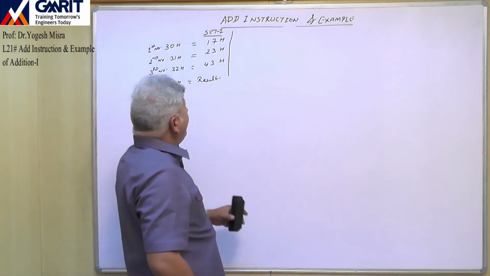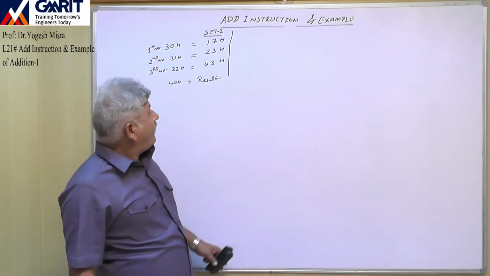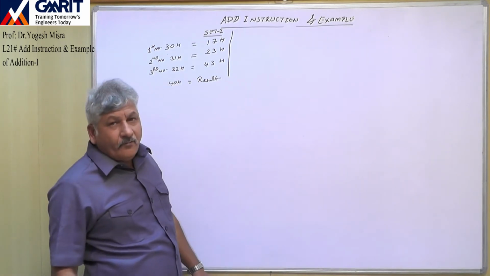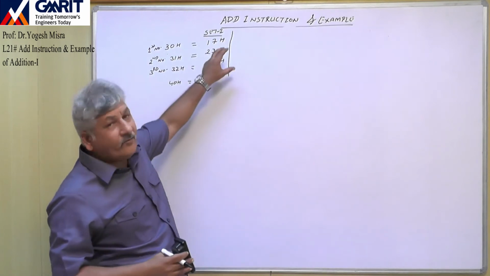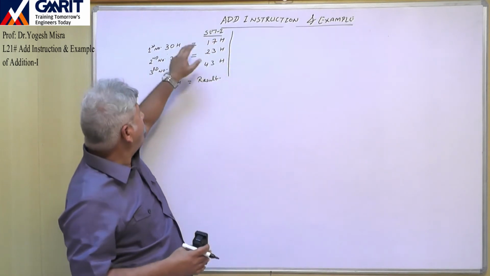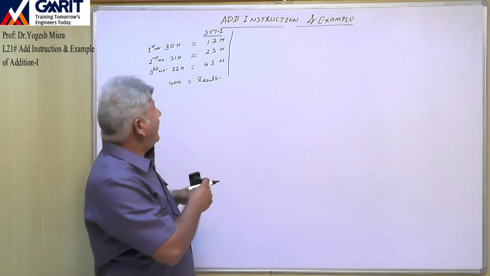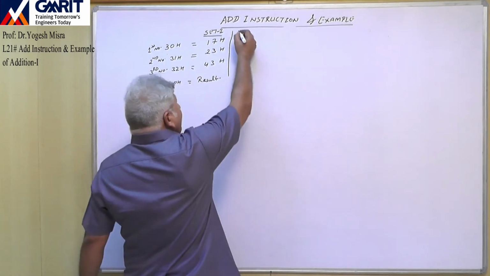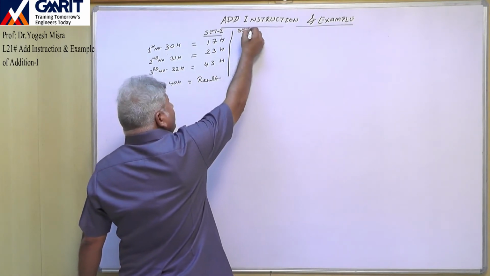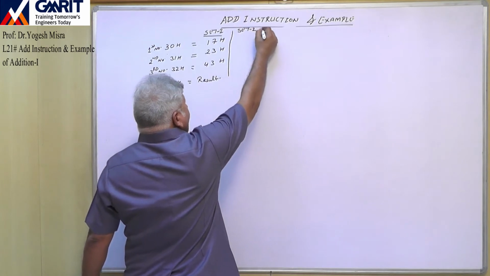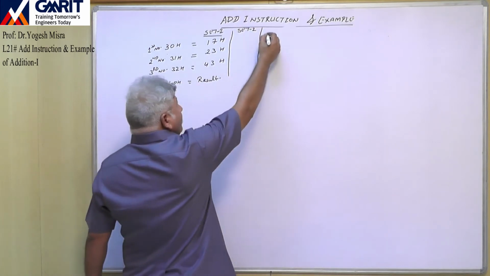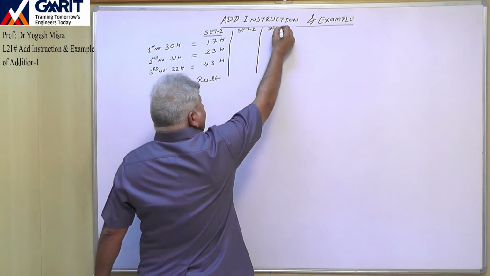After performing this addition, we will apply a new set of data. The data will be stored at the same locations only, and we will perform the addition for set 2, and again after set 2 we will perform the addition on set 3.